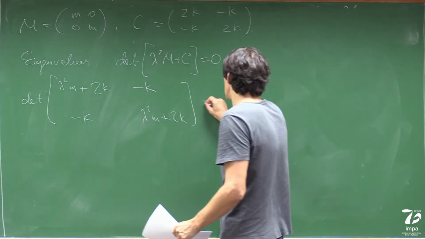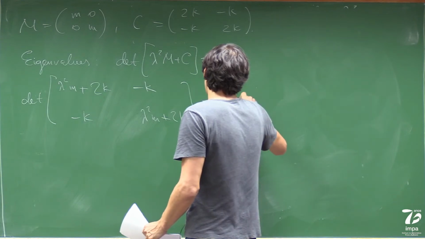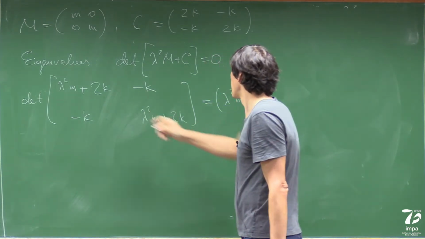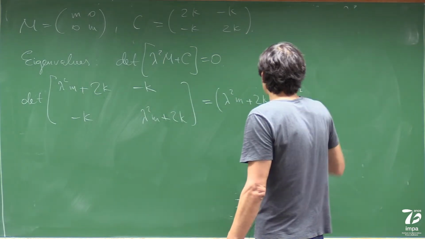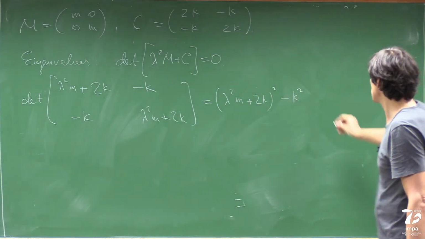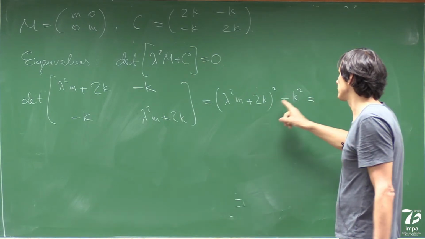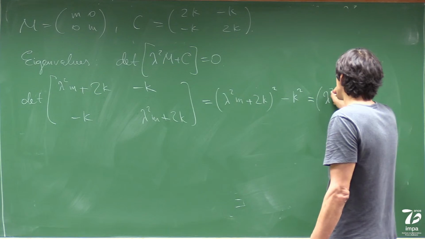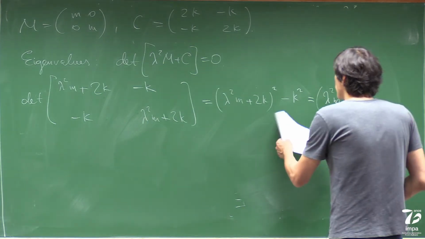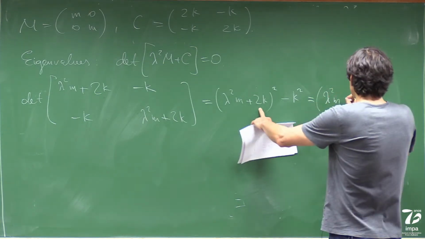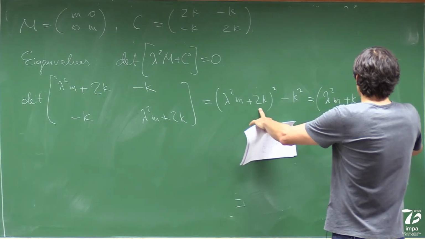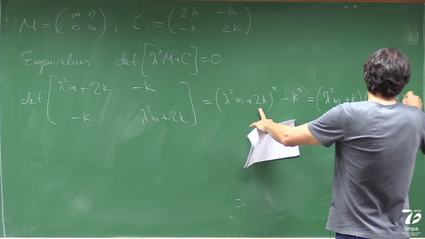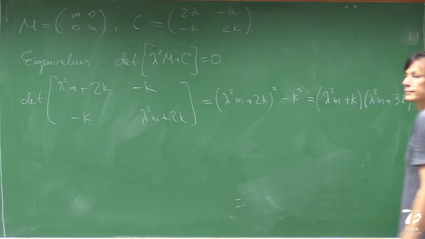So this is (lambda squared M plus 2k) squared minus k squared. And we can write this as a difference of squares, so we can factorize it: lambda squared M plus 2k minus k, and another with plus k.